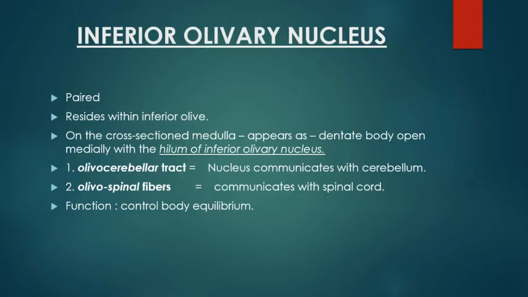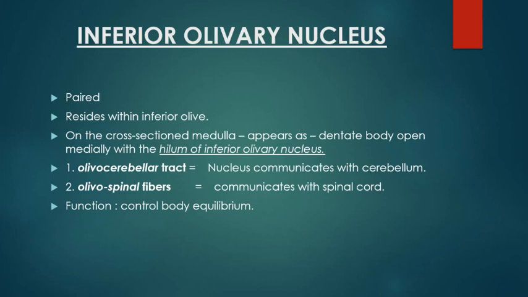Next we study the inferior olivary nucleus. Inferior olivary nuclei are paired and reside within the inferior olive. On the cross-section of medulla it appears as a dentate body, open medially with the hilum of inferior olivary nucleus.